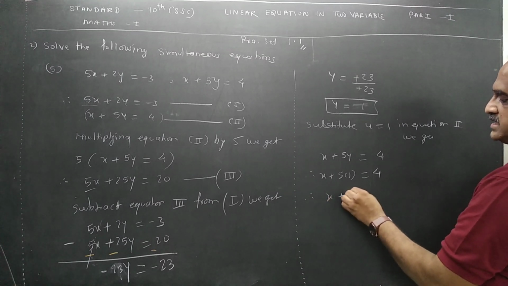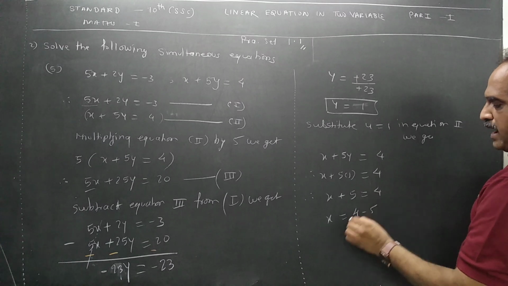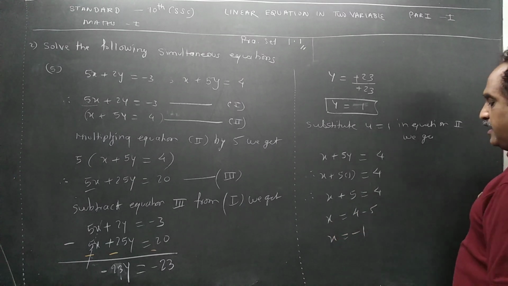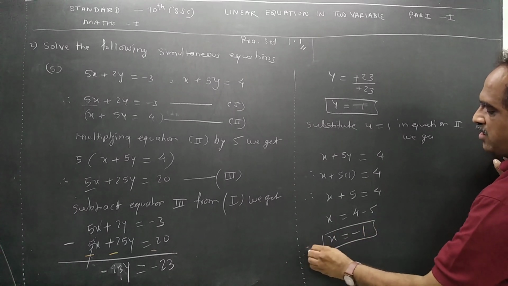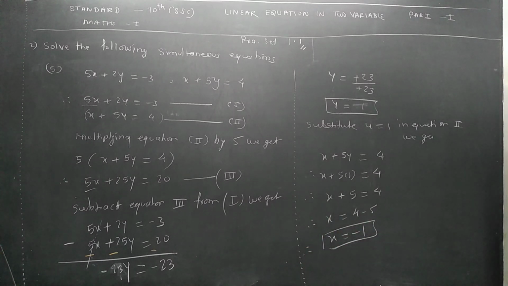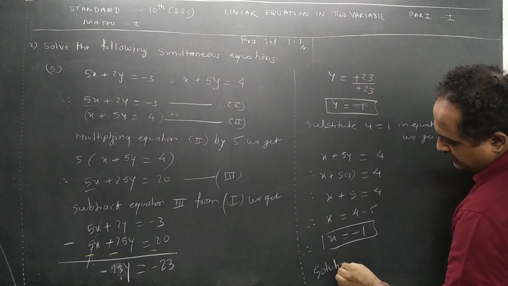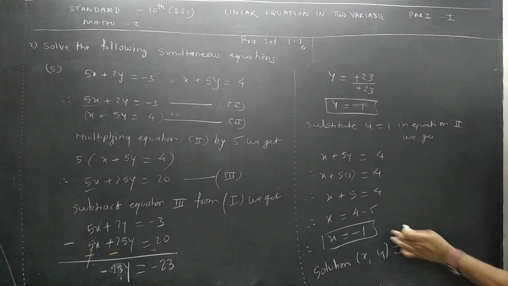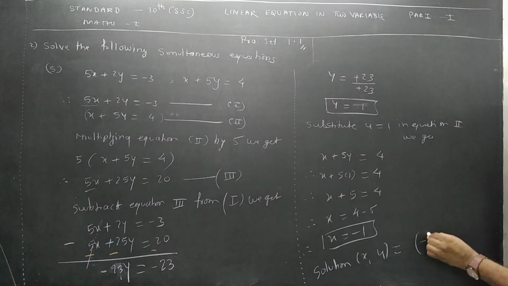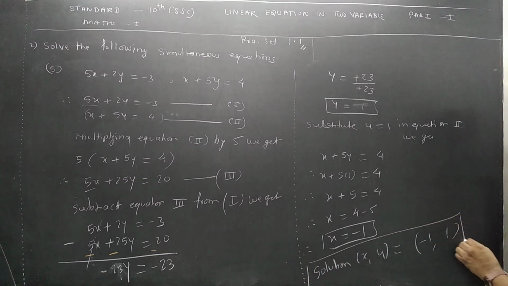Therefore, x plus 5 is equal to 4. x is equal to 4 minus 5. x is equal to minus 1. So, we got the value of x is equal to minus 1, y is equal to 1. So, solution, what are you going to write? x comma y, you are going to write x first term, minus 1 and 1, and put it in the box.